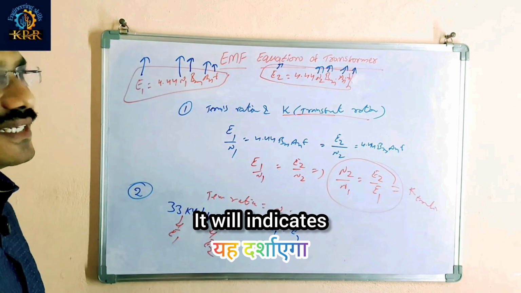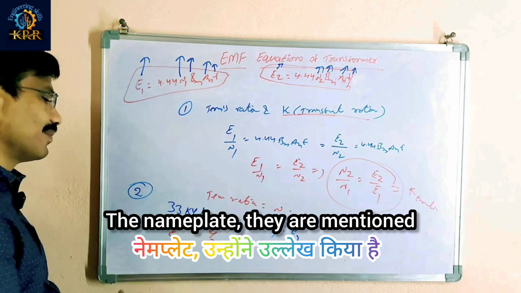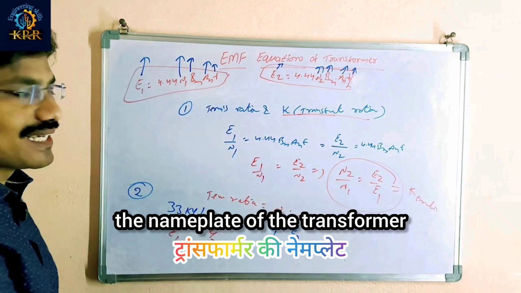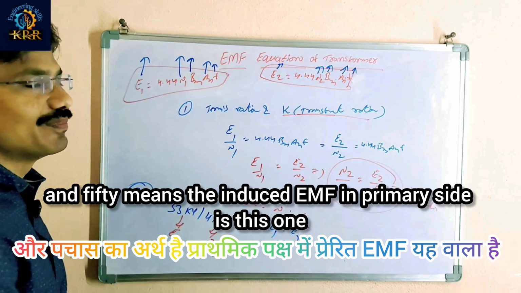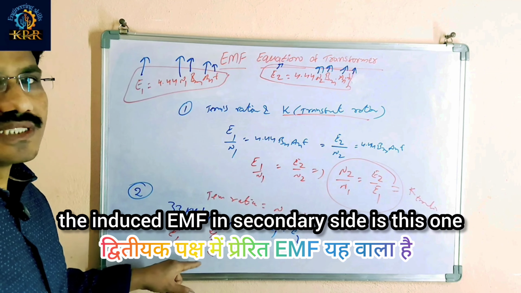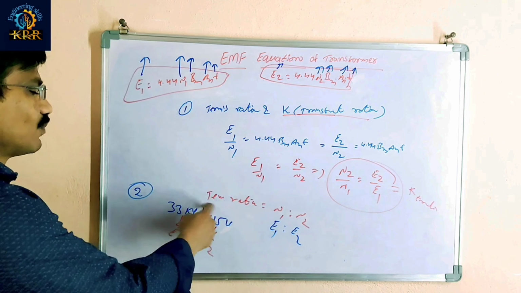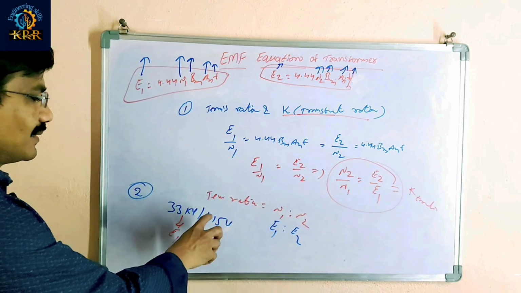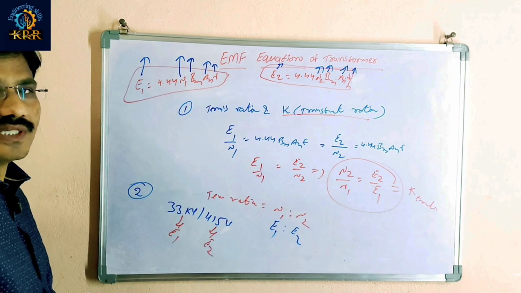It is indicated on the nameplate. The nameplate of the transformer mentions 33 kV by 415, which means the induced EMF in primary side is this one and the induced EMF in secondary side is this one, as mentioned on that nameplate.